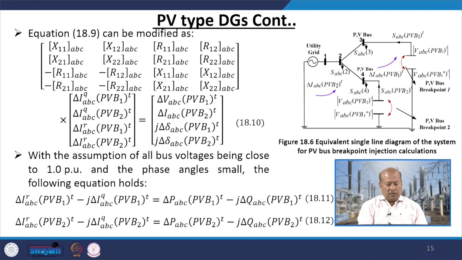This is what we obtain in equation number 18.10 with the assumption of all bus voltages being close to 1.0 per unit and the phase angles being small. The following equation holds good with this assumption. Further, we can simplify to equation numbers 18.11 and 18.12.